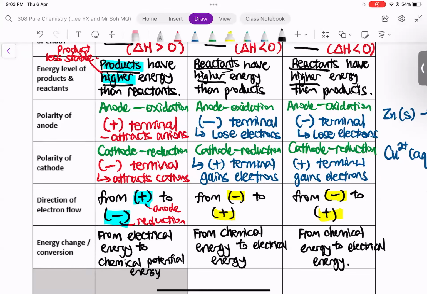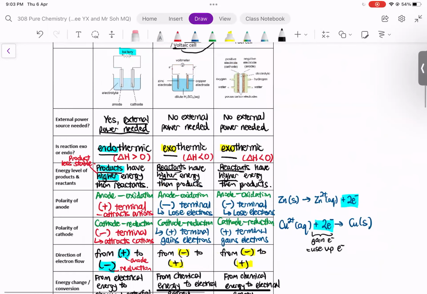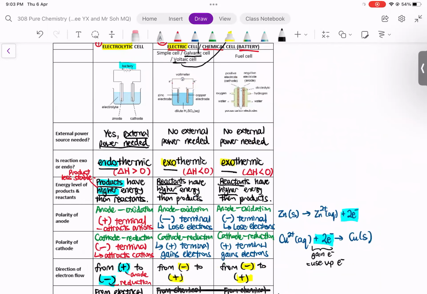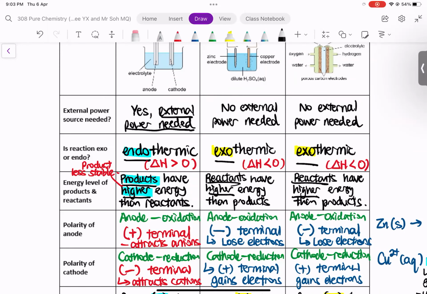So at this juncture, do you realize that the fuel cell and the simple cell are actually very, very similar because they essentially work on the same principles? Namely, a fuel cell uses an exothermic reaction. A simple cell also uses an exothermic reaction.